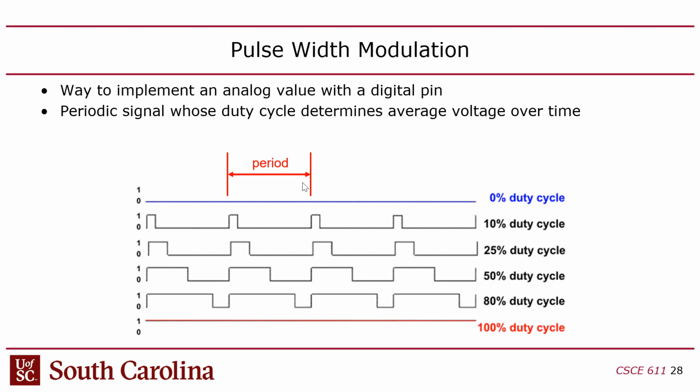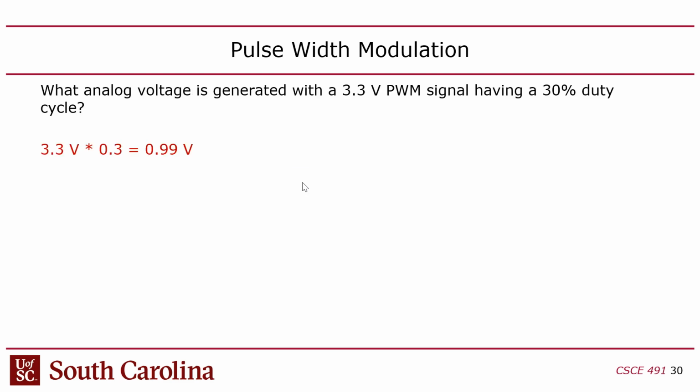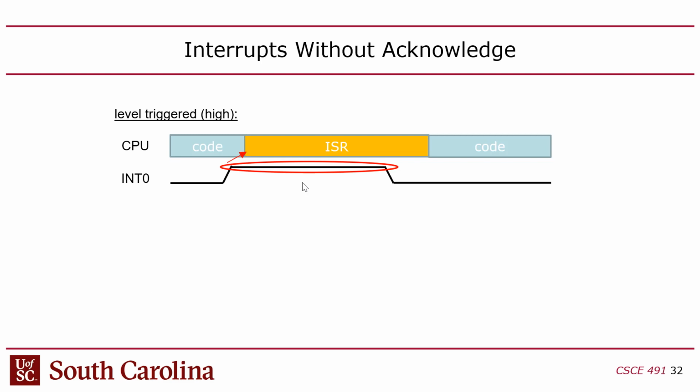Active 1 or true. And so the idea is that over time, this is interpreted as an analog signal. So in lab 2, we're going to generate a PWM signal and use it to brighten and dim LEDs, which is a typical way to do that.